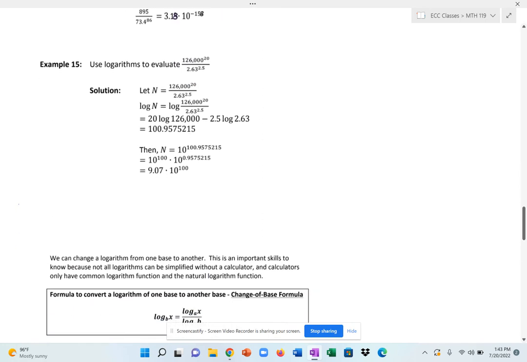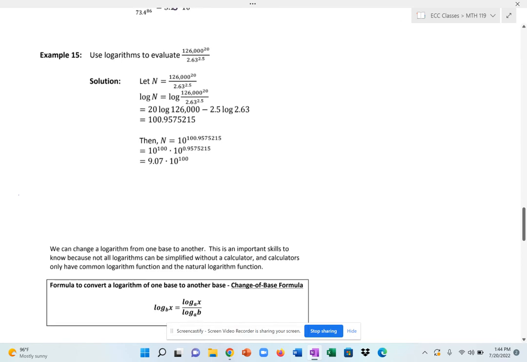So as I've mentioned in the past, your calculator has a common logarithm and a natural logarithm, but sometimes you have to evaluate a logarithm with a different base that cannot be done manually. So there is a way to convert logarithms of a different base into another base, and typically we convert it into either a common log or a natural log so that we can evaluate the original logarithm.